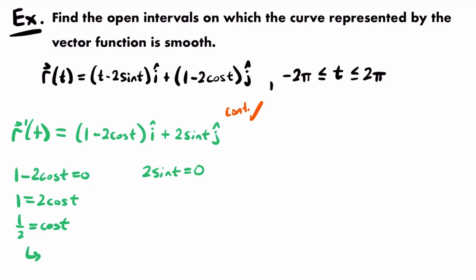From this equation, you should find that t equals pi divided by 3, but that is not the only value of t for which cosine equals 1/2. If you add pi to pi divided by 3, you'll get another value of t, which is 5 pi divided by 3. And those are the only two values of t in the positive direction on this interval, where cosine t equals 1/2.